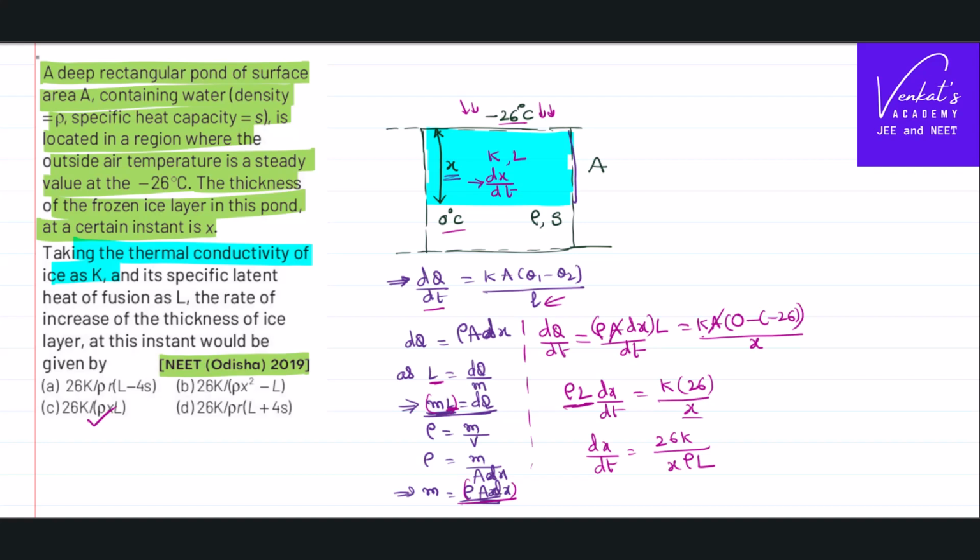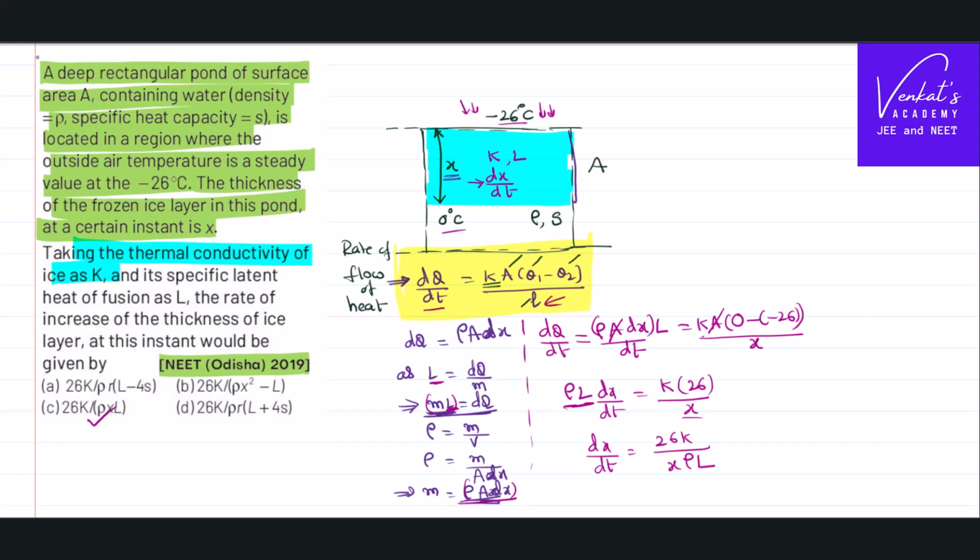Though it looks like a lengthy problem, it depends on the core definition of the coefficient of thermal conductivity, the rate of flow of heat. It is a simple rate of flow of heat in a solid conductor. Ice is considered like a solid conductor: directly proportional to area, directly proportional to the temperature difference, inversely proportional to length.